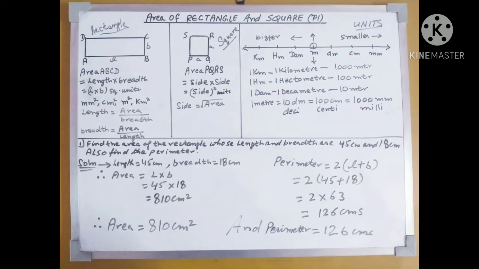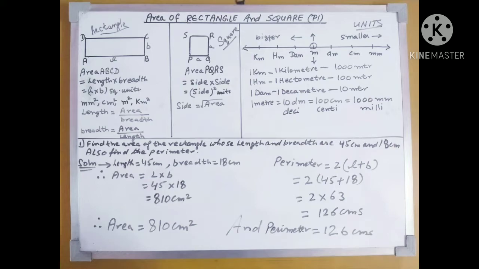So 1 kilometer is equal to 1000 meters, 1 hectometer is equal to 100 meters, and 1 decameter is equal to 10 meters, right? So you can learn it any convenient way which you feel like learning. Just keep in mind that there is a difference of 10 in between these units. So accordingly, you can learn them. I hope you got it.